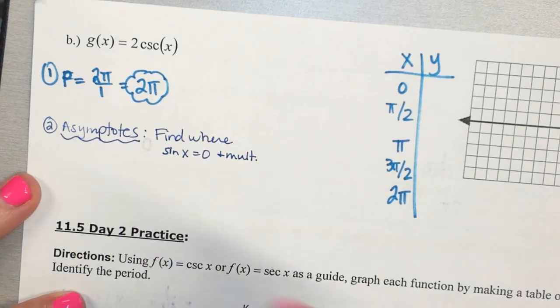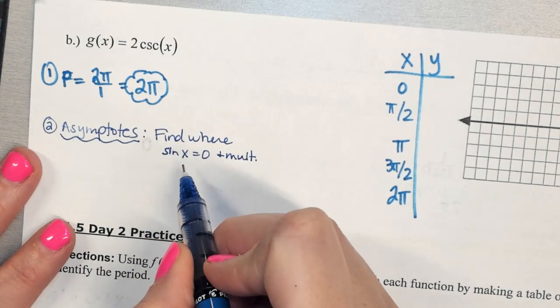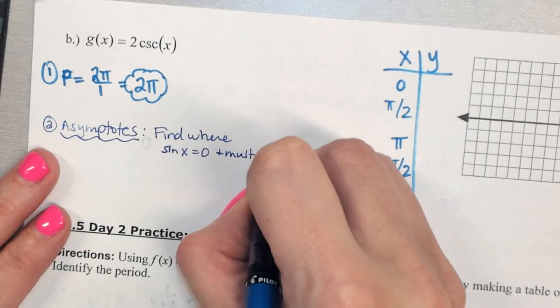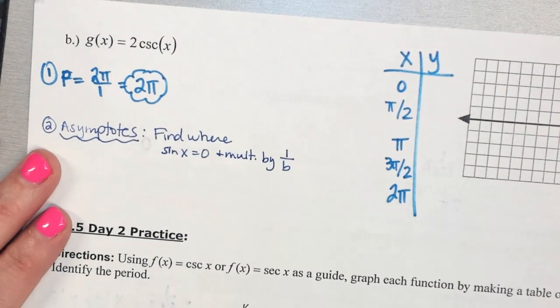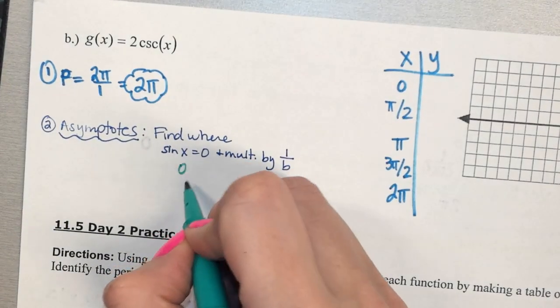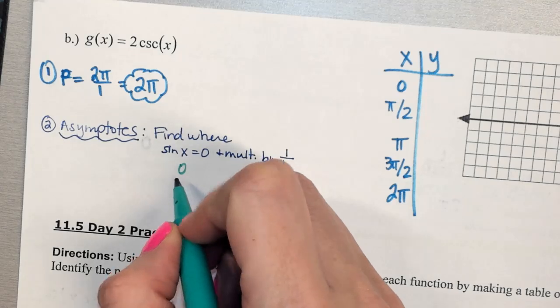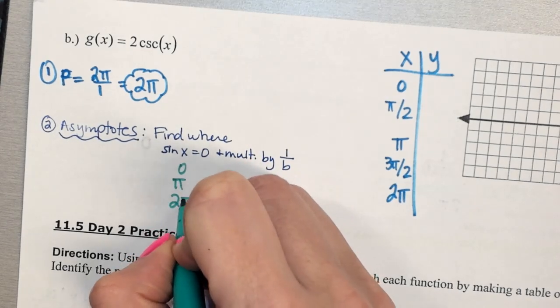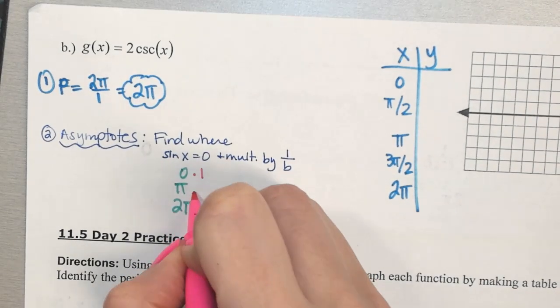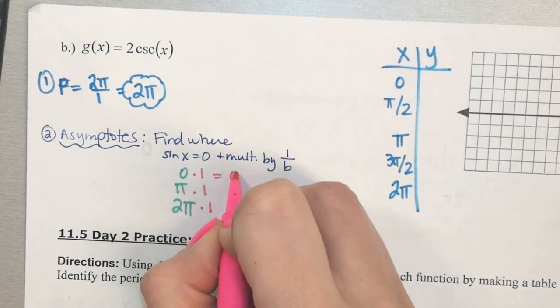We're going to finish this part of it. So we're going to find where the sine of x is 0 and multiply by 1 over b. When you do this, the sine of x is 0 at 0, pi, and 2 pi. And if your b value is 1, you are just going to multiply all of those by 1.